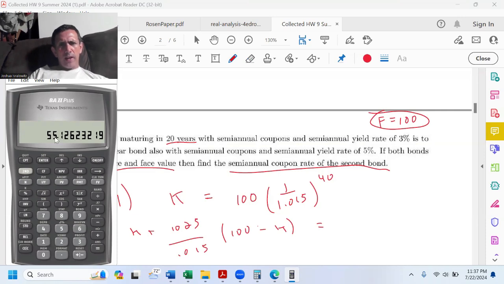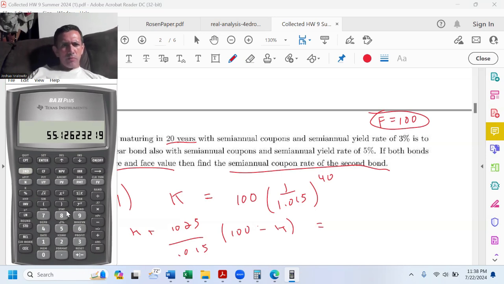And remember, K can be big, or K can be close to your face value. It might be a lot smaller than your face value. It's fine. Your price should be somewhat close to the face value, though, for most of these problems. Not always, but most of them.